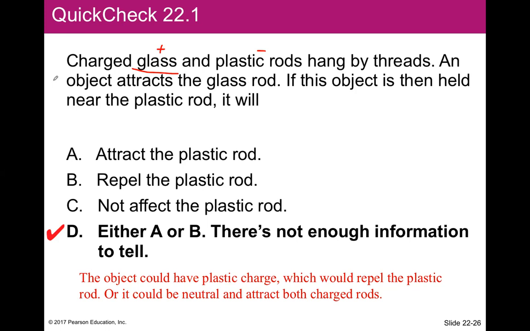If it's neutral, it might also have attraction to the charged rod. So this is the number 2 reason. So totally in this question, there's not enough information to make your judgment.